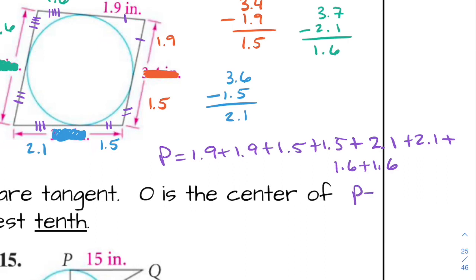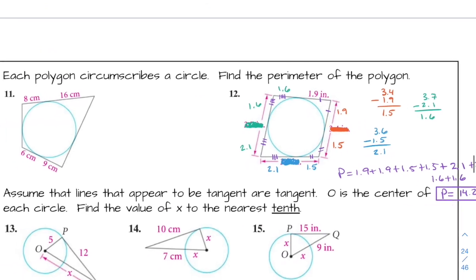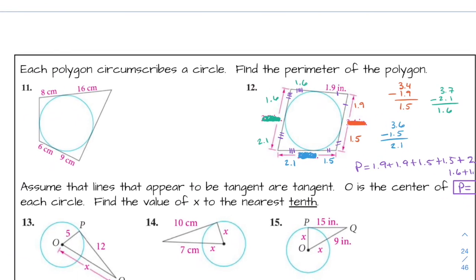So the perimeter is equal to 14.2 inches. All right. 11 is a little bit easier. You're just going to go around and add them all together.